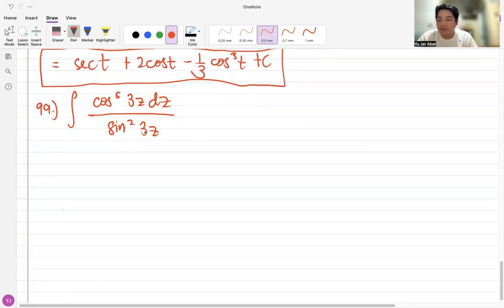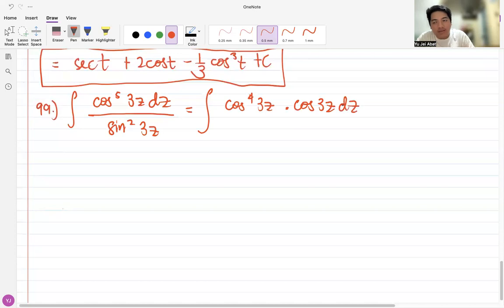The common thing that we're going to do here is to strip off one factor from the numerator, leaving an even exponent. So I have cosine to the 4th of 3z multiplied by cosine of 3z dz all over sine squared of 3z.